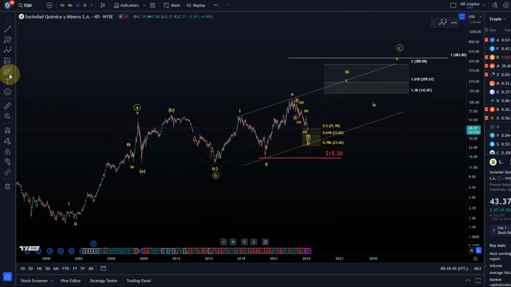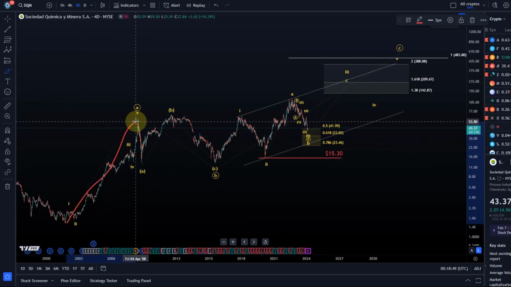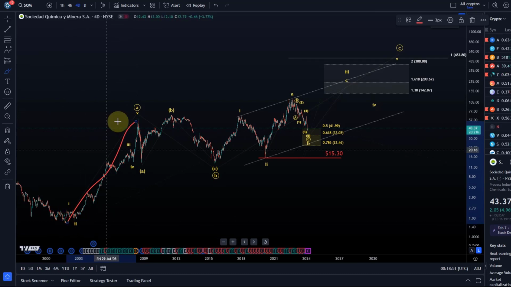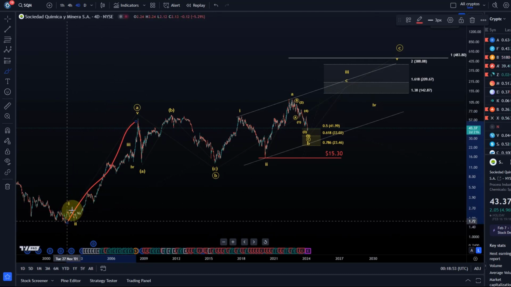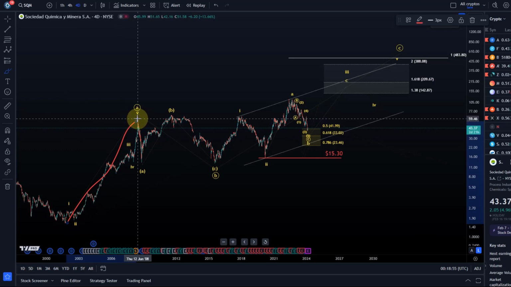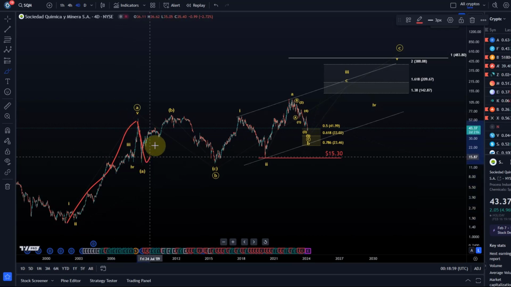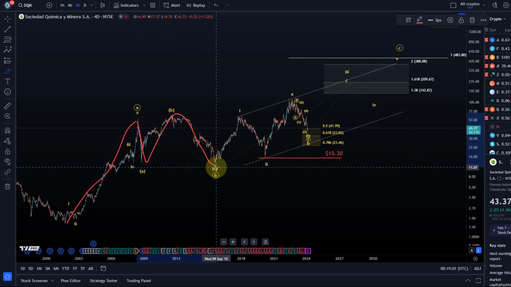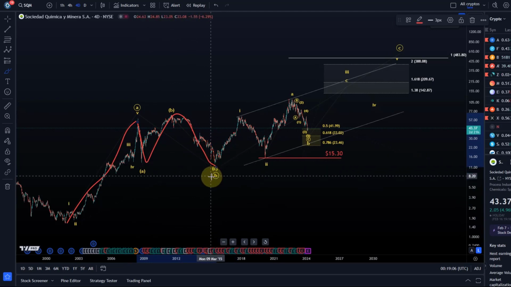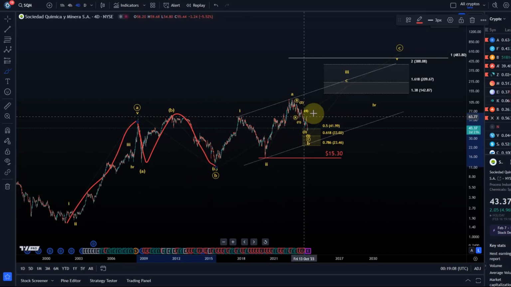We have a wave A, which saw a rally between 2001 and the 2008 high. Then a B wave pullback, which is a so-called expanded flat. A low that formed in 2015 was a B wave and paved the way for the start of a C wave rally.